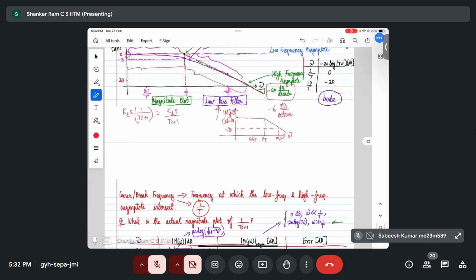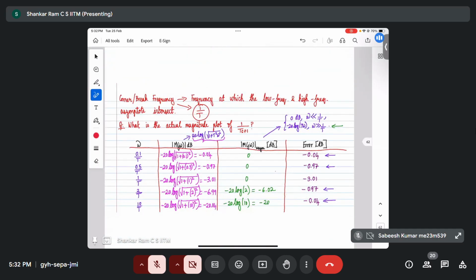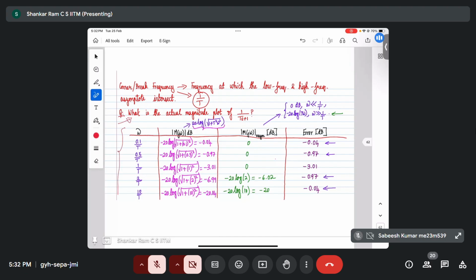Now the question is, what is the actual magnitude plot of 1 by Ts plus 1? For that we construct this table. I will explain this table, but please do this also as an independent exercise, try it out on your own.